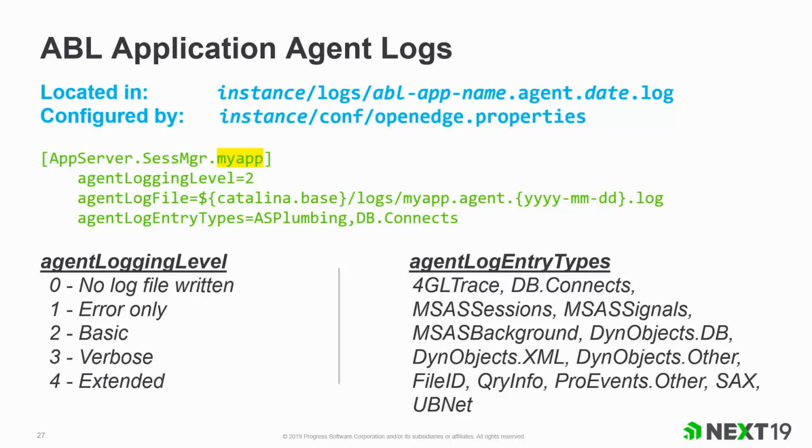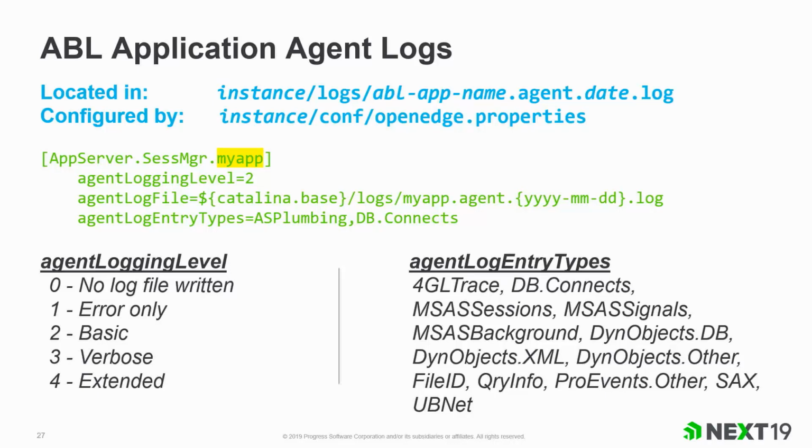And then the agent log entry types. The log entry types are a lot like the ones we've known and loved for years. But there are a few new ones for the multi-session agent. So there's MSAS sessions, MSAS signals, and MSAS background.